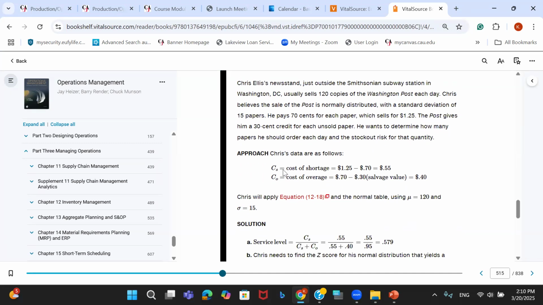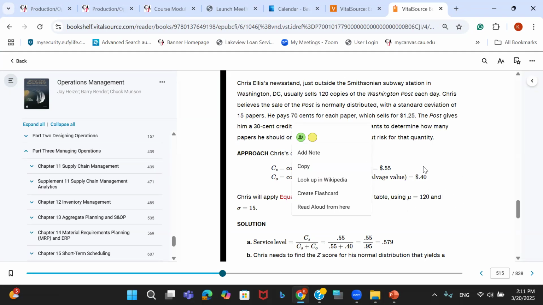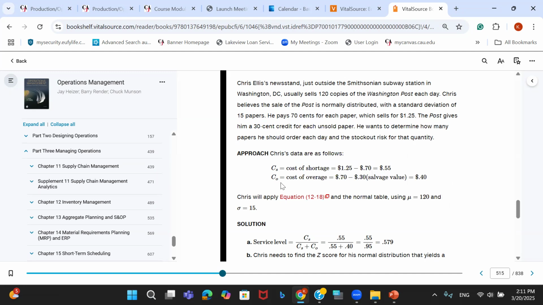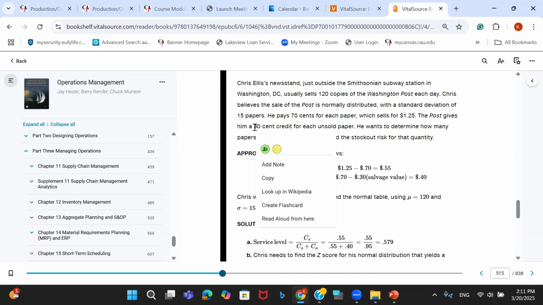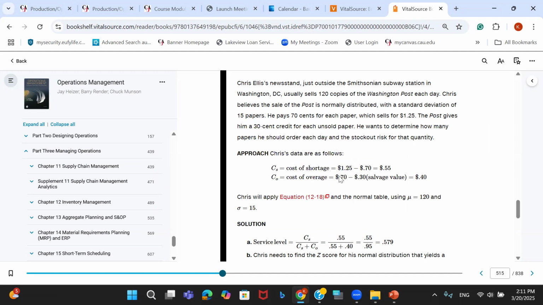So CS, the cost of shortage, is how much he sells the paper for, $1.25, minus what it costs him, 70 cents, so 0.55. CO, cost of average: at the end of the day, he will get rid of them at 30 cents, so 70 minus 30, he will lose 40 cents for each one.